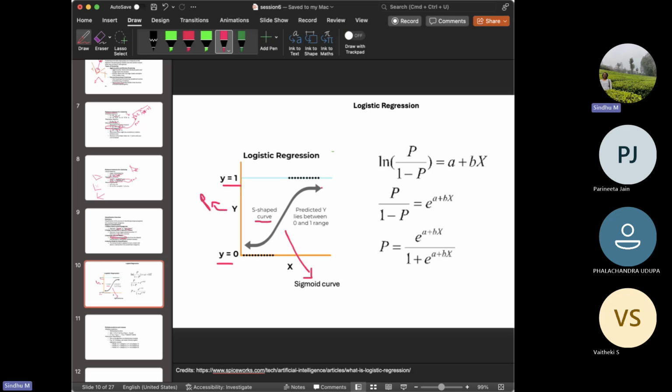The sigmoid curve has a minimum value of 0, then an increasing part, and after the increase, the rate of increase decreases. This curve will follow this equation. In logistic regression, we have to find these two parameters, A and B. This is the equation corresponding to the logistic regression curve.